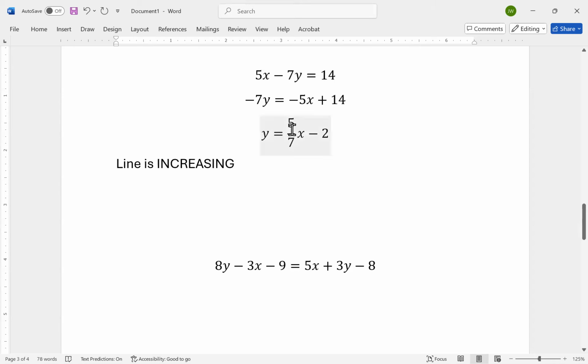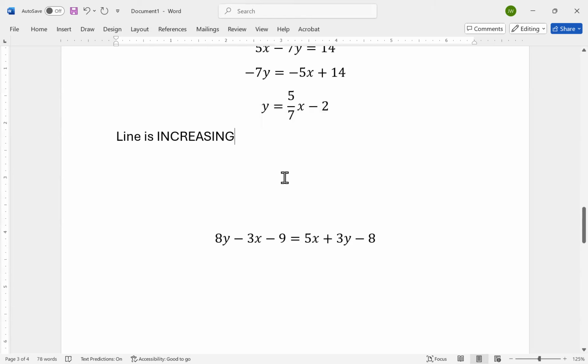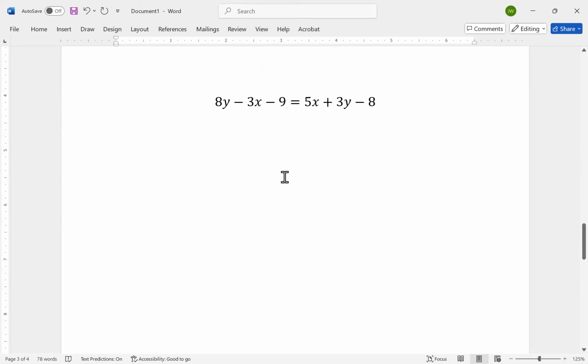A positive 5/7 forces my line to be increasing. Positive slope, so increase.